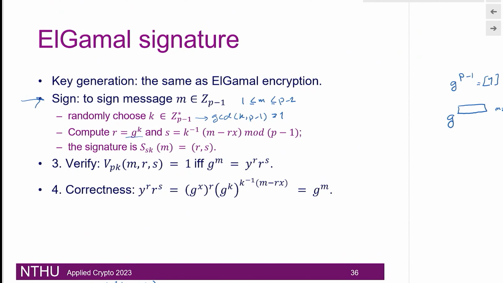So the best practice is to find a good prime p that is large enough, and then instead of plugging in m directly, you would plug in the hash of m.